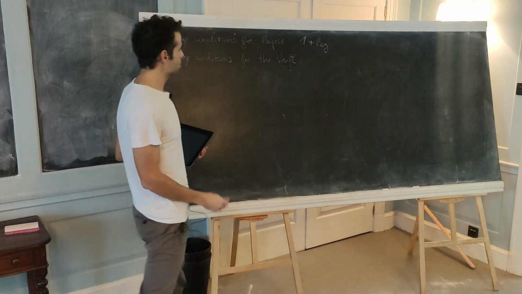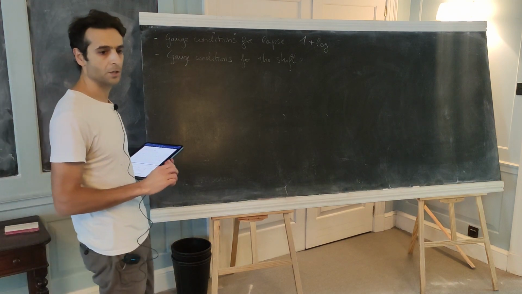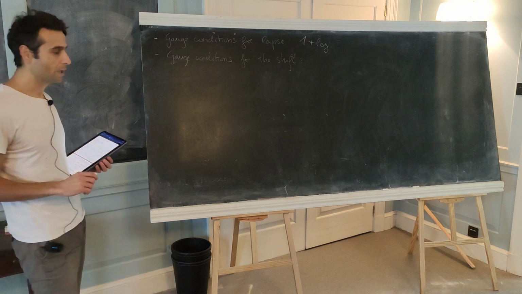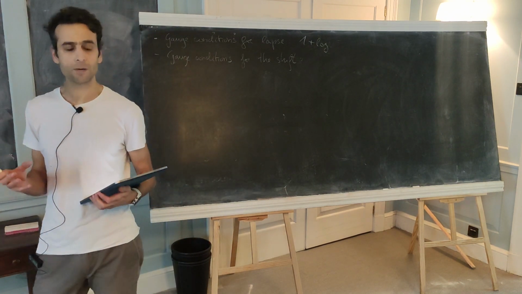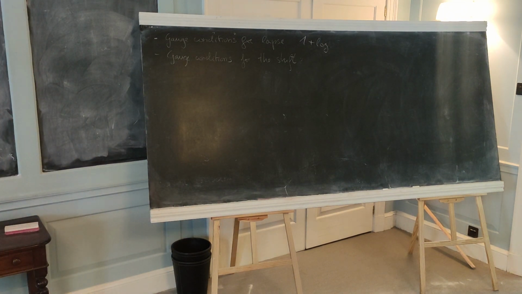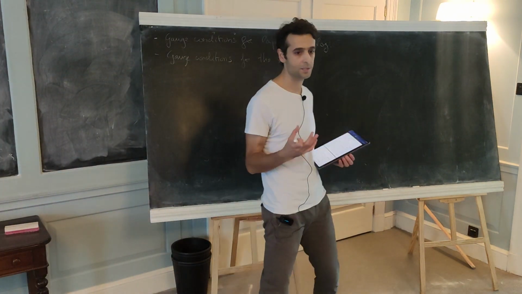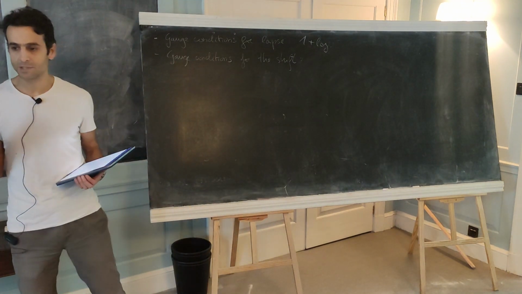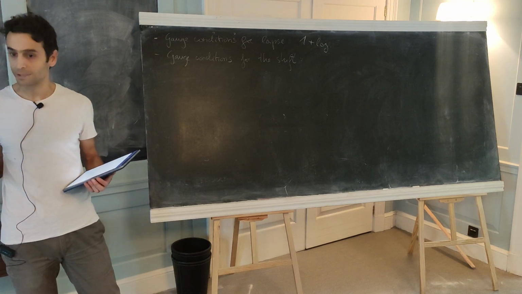So if the conditions for the lapse are motivated by ensuring that the volume elements seen by the observers remain finite, the gauge conditions for the shift are motivated by ensuring that those volume elements are not very much deformed, so to minimize the deformation of the volume elements. The rationale is that if your coordinates are such that the local volume elements seen by observers are highly deformed, this will imply that you'll necessarily have large gradients.